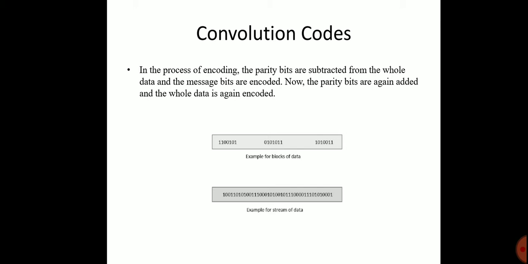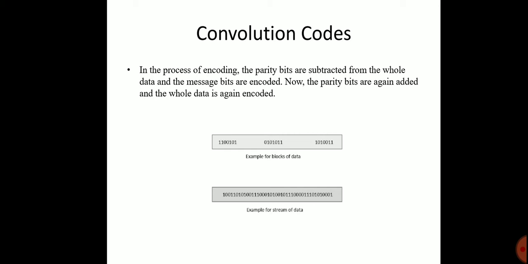The incoming data bits flow simultaneously through the three registers. The register outputs are added in the XOR adder and convolved to give the encoded output. These values are used to detect the error and isolate the original messages. So these are convolutional coding examples.